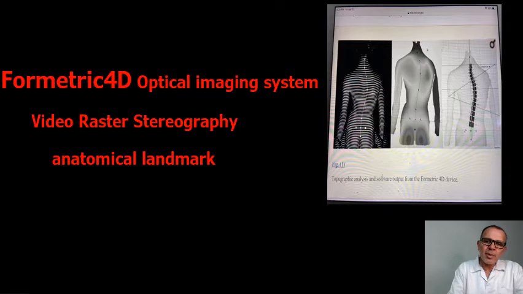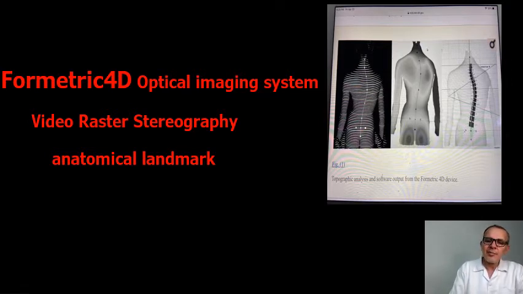After that, we move up to a new technology. I think it was in the market starting in 1992, if I'm not mistaken, between 1992 and 1996, something like that. It is the 4D optical imaging system.